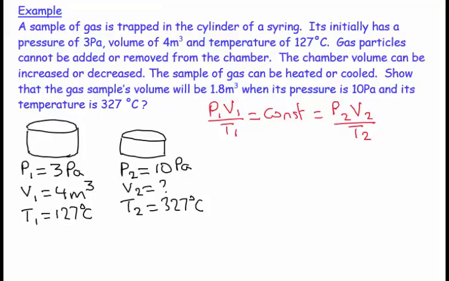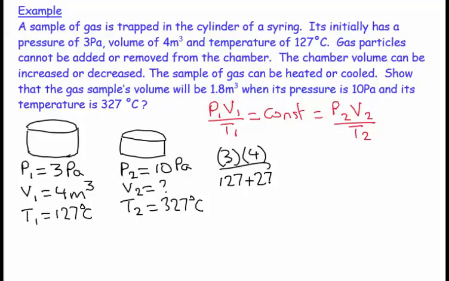And so we can simply plug into this. So we say 3 because that's our first pressure, and 4 because that's our first volume. And it's tempting to put down 127, but I know enough to know that when you're doing ratios of things, ratios of pressure, ratios of volumes, ratios of temperatures rather than differences, I need to be in Kelvin.